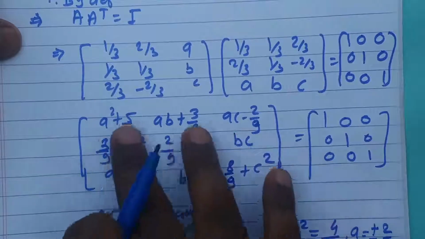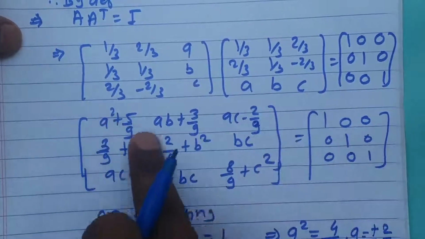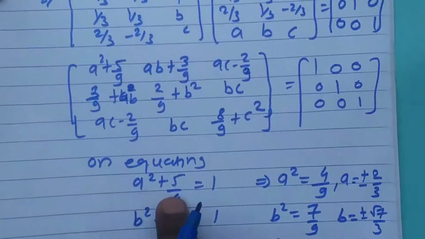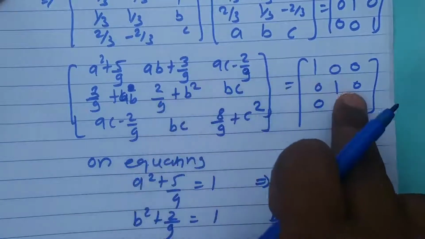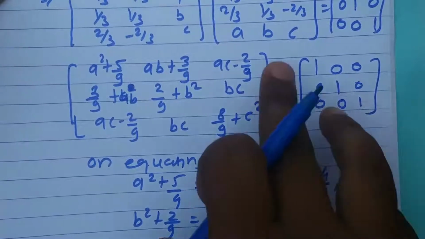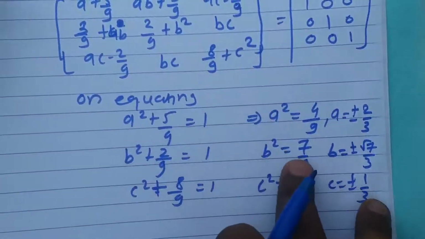Out of these, you select such equations that will give us the values of a, b, c. If you see the diagonal entries, here we have a square plus 5 by 9, and it is equal to this diagonal entry 1. This entry b square plus 2 by 9 is equal to 1, and c square plus 8 by 9 is also equal to 1. If you consider only these 3 equations, that will be enough to obtain the values of a, b, c.